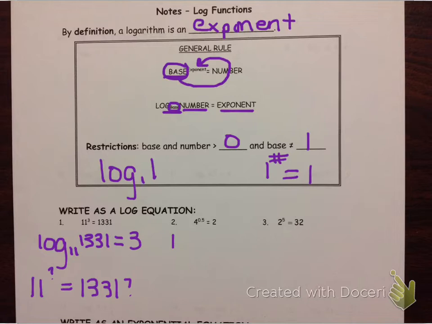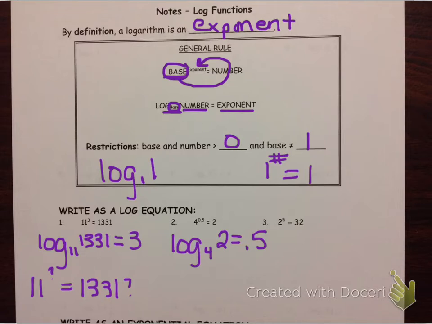So number 2 would be a log. The base of the exponential is 4, so the base of the log is going to be 4. And then the 2 and the 0.5 will switch sides. And you can write it as a fraction if you want to, or you can leave it as a decimal.